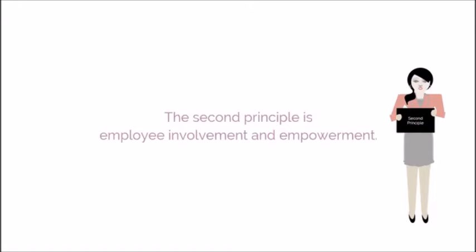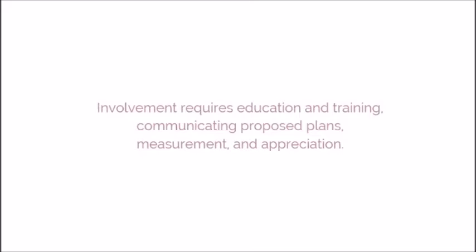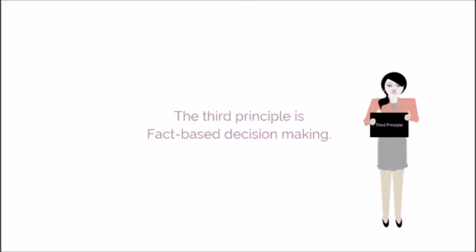The second principle is employee involvement and empowerment. In TQM, every employee is an agent of quality and continual improvement. This involvement requires education and training, communicating proposed plans, measurement, and appreciation. The third principle is fact-based decision-making.